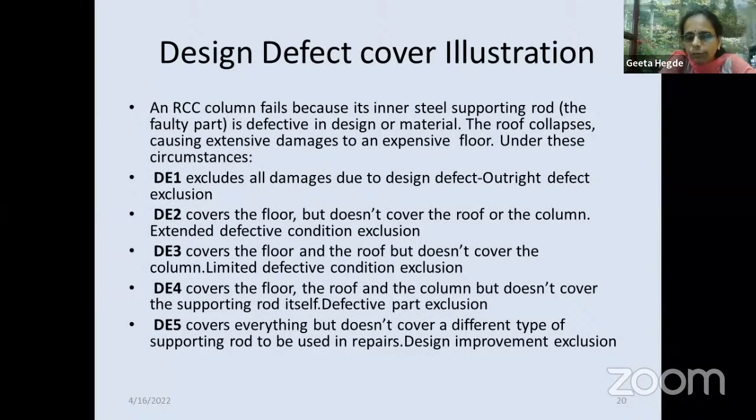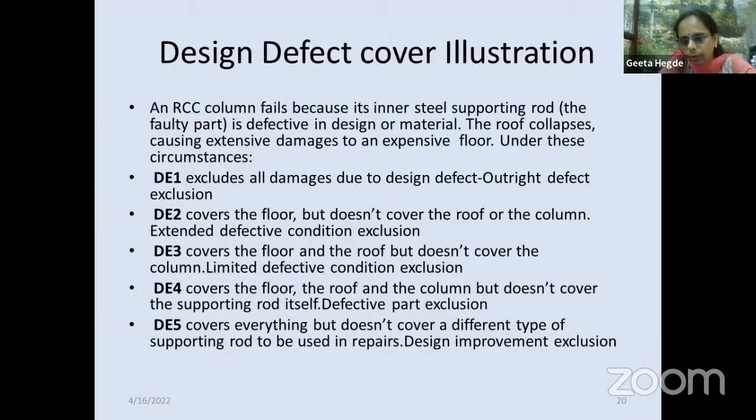So 1, 2, 3, 4, 5, you can remember as: 1 excludes everything. 2 will cover the most distant part, the floor, which is not connected. 3 will cover the floor plus the roof, which is a little bit connected, touching the column. 4 will cover the column also, the column within which the rod is there.